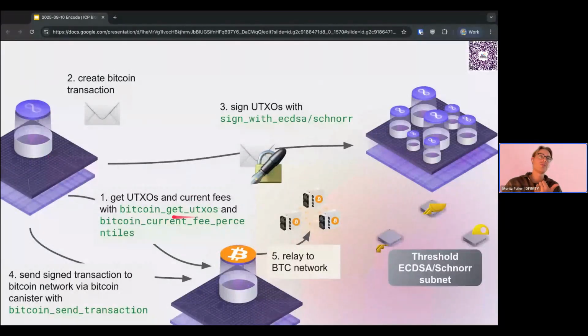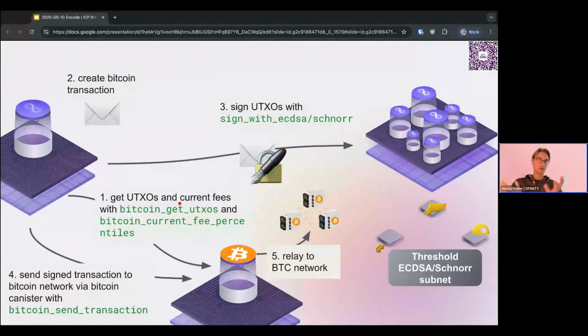We find this out by using the Bitcoin get UTXOs endpoint exposed by the Bitcoin API. The canister has many public keys, and in this case, it would take one of those public keys, convert it into a Bitcoin address format, and then call the Bitcoin get UTXOs endpoint to ask about the UTXOs that belong to this address that it controls.